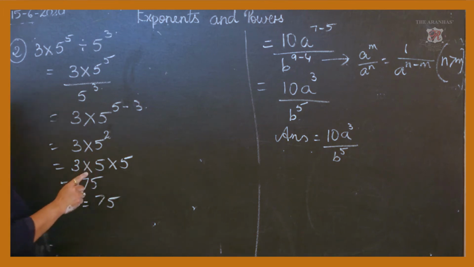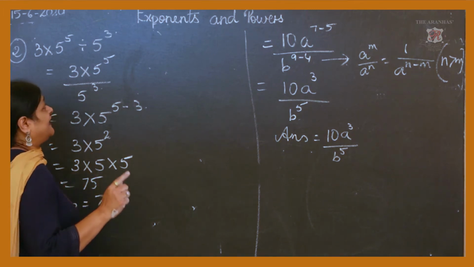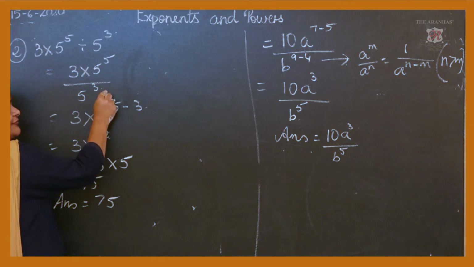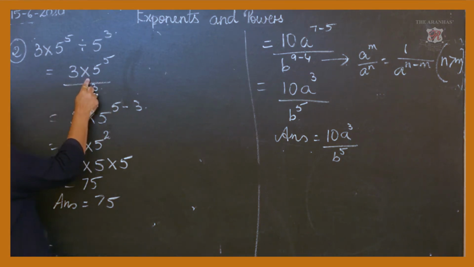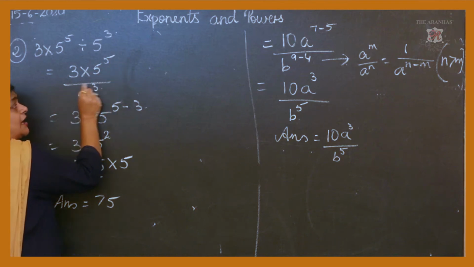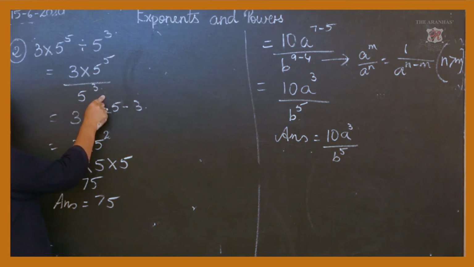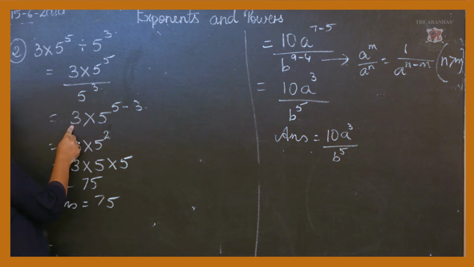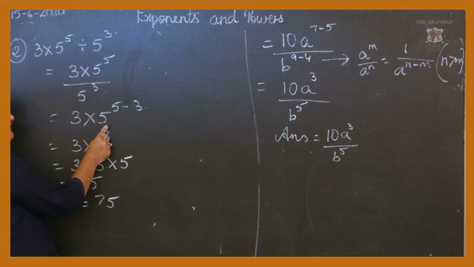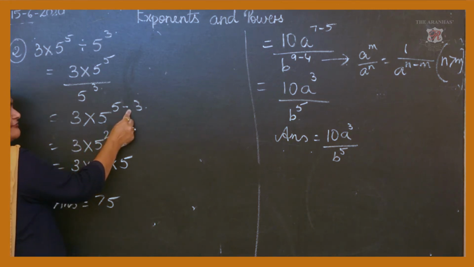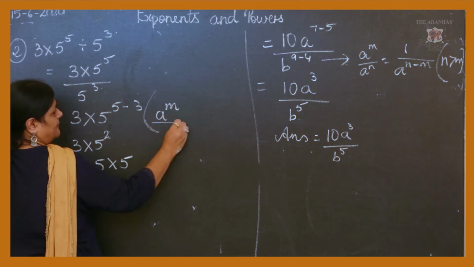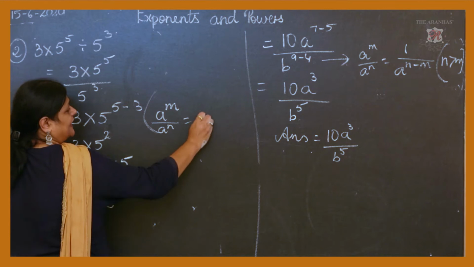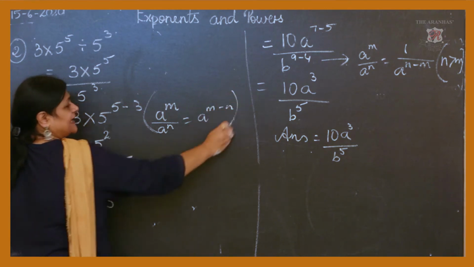Again I'm explaining. 3 into 5 to the power of 5 divided by 5 cubed. So first you are going to write the first step as 3 into 5 to the power of 5 upon 5 cubed. That is equal to 3 into 5 to the power of 5 minus 3, because here it is a raised to m upon a raised to n is equal to a raised to m minus n.